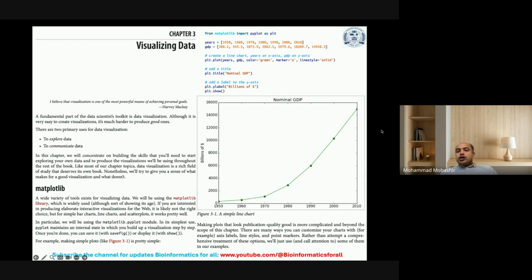In this way you continue. Some people just go for a simple line plot, but some people also go for a remarkable step, like adding marker points with different colors or the same colors, so that it is visible that this is the point where X and Y axis are meeting.